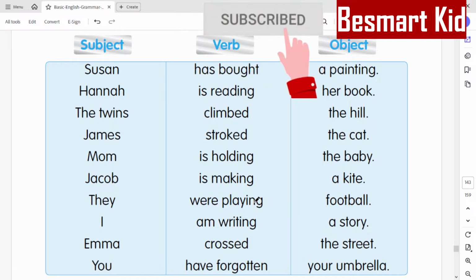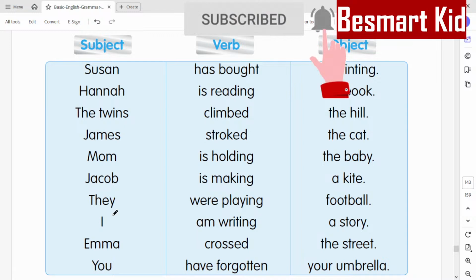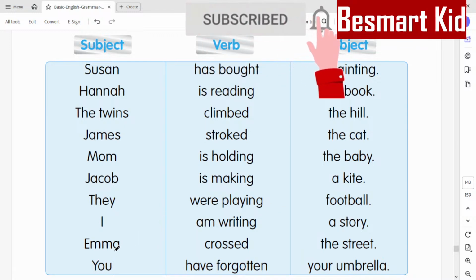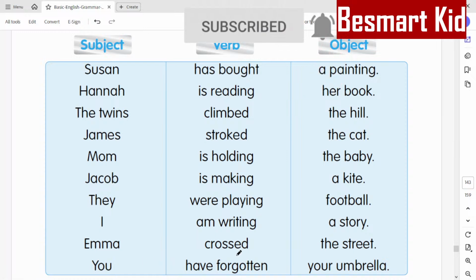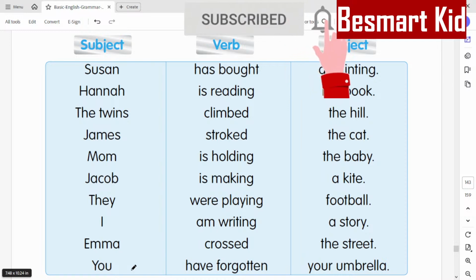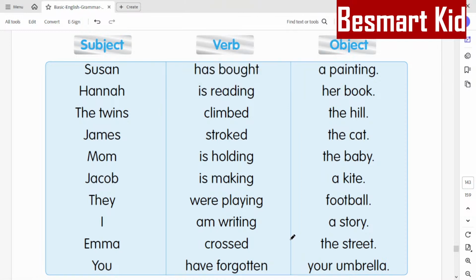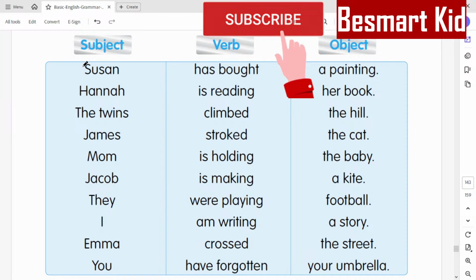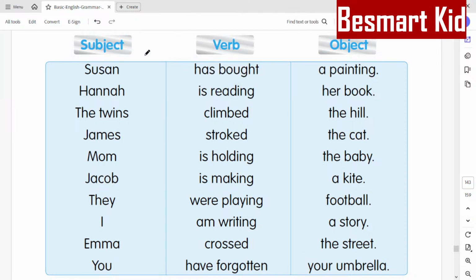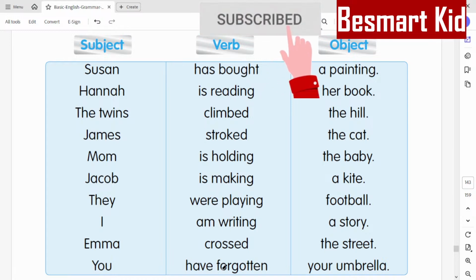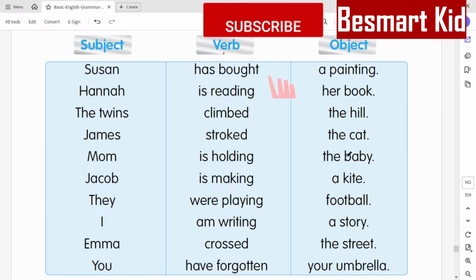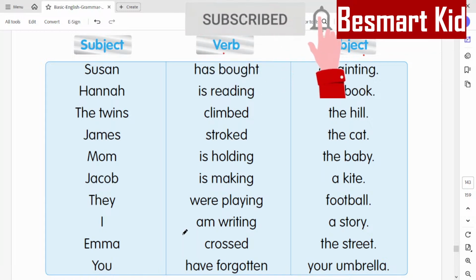They were playing football. I am writing a story. Emma crossed the street. You have forgotten your umbrella. So, all words around here are subjects, and all around here are verbs. All around here are objects.